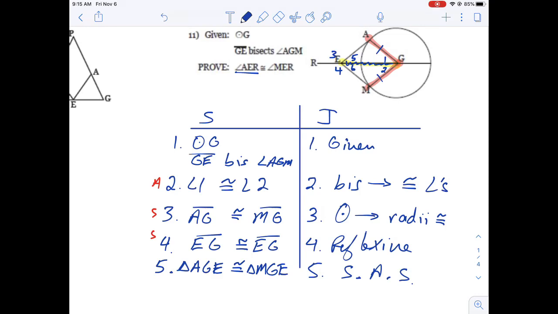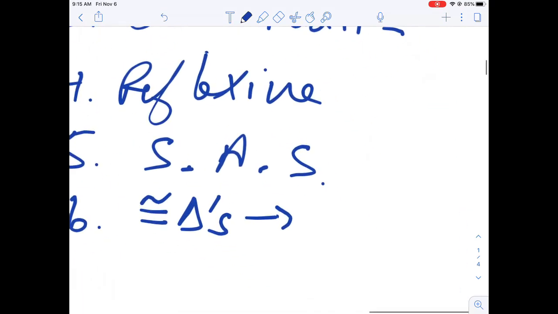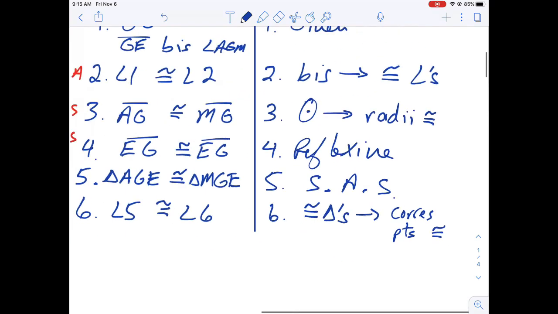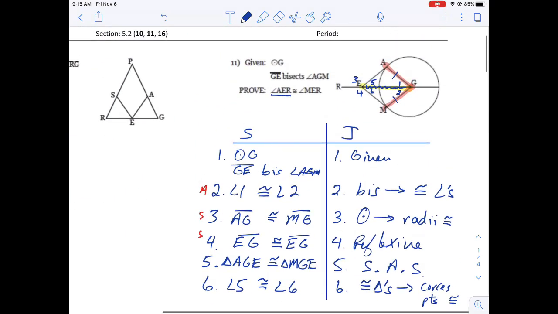So I'm grabbing 5 and 6. So angle 5 can now be stated as congruent to angle 6. And that's because congruent triangles imply corresponding parts congruent. Hopefully that justification is becoming more familiar to you.